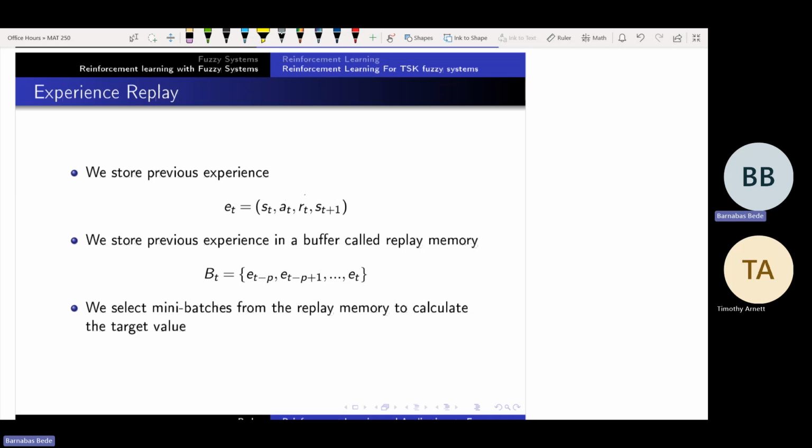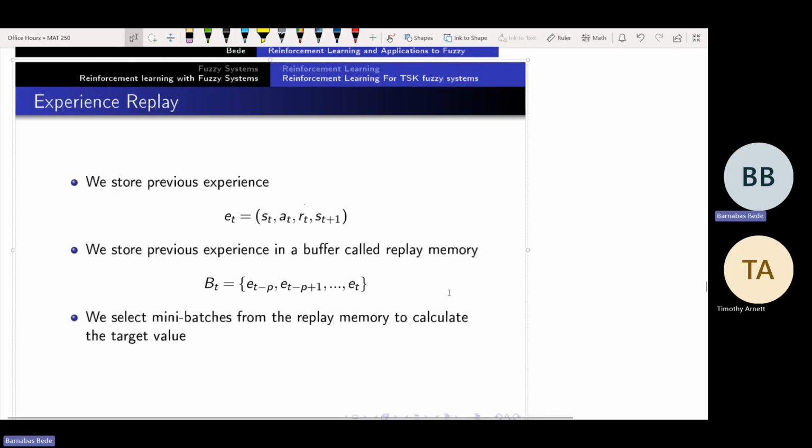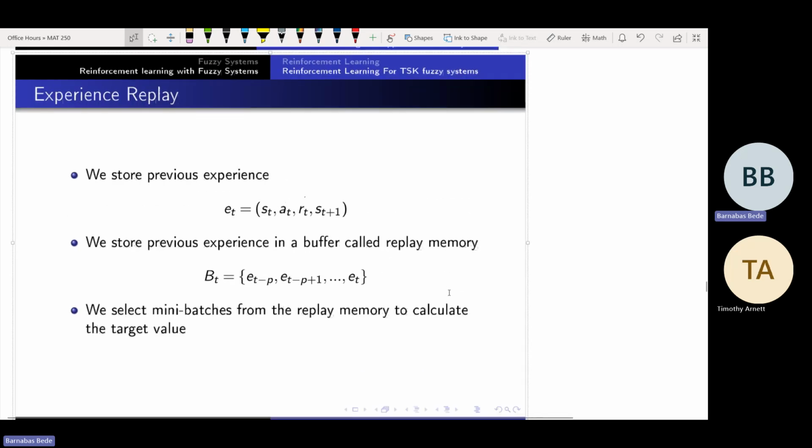We can store them in a buffer called replay memory. Typical size is 256, as you typically would take for any buffer. In this case we can use mini batches from the replay memory to calculate the target value.